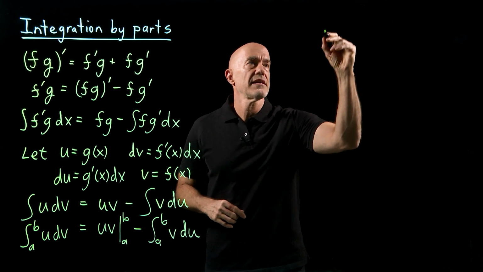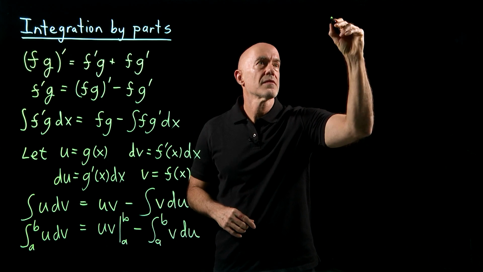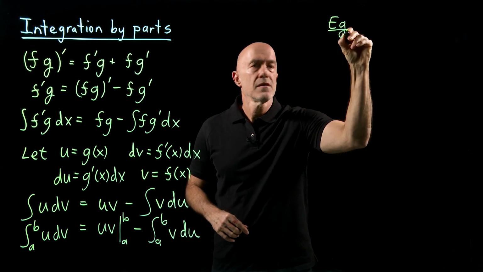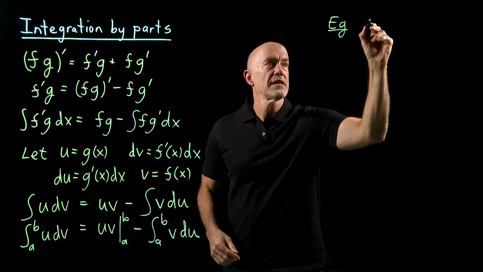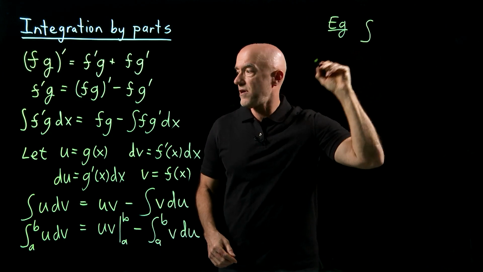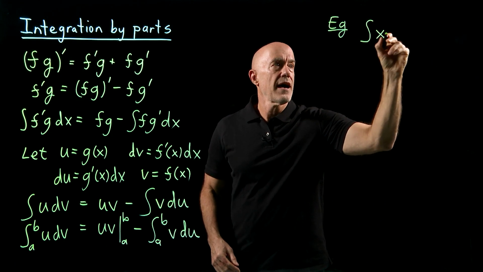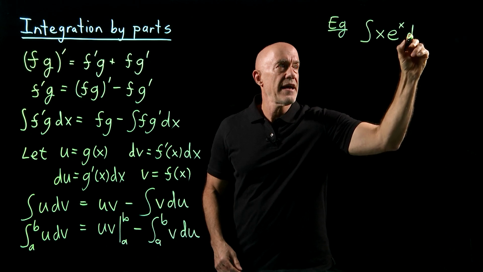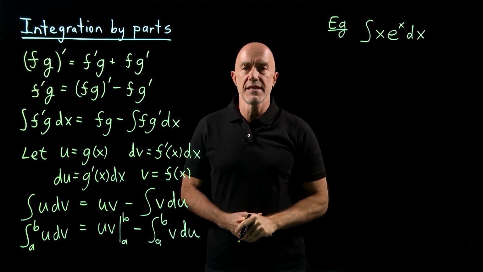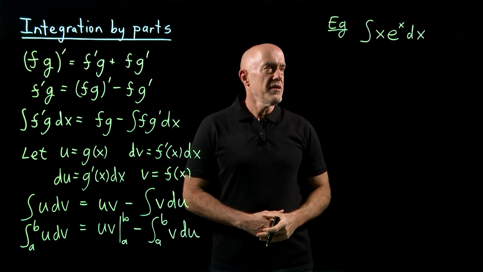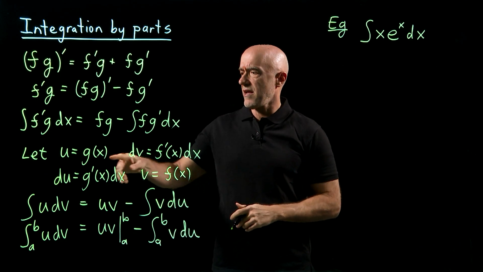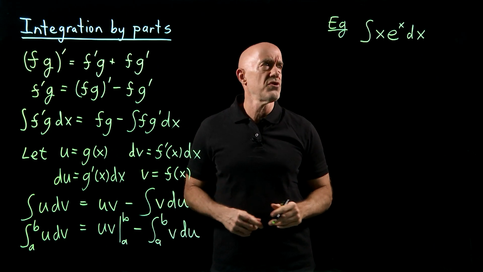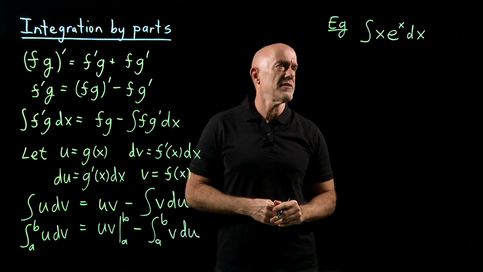So let's look at an example. Let's do the indefinite integral of x times e to the x dx. So x times the exponential function. So the key here is to recognize which variable is u and which variable is dv.